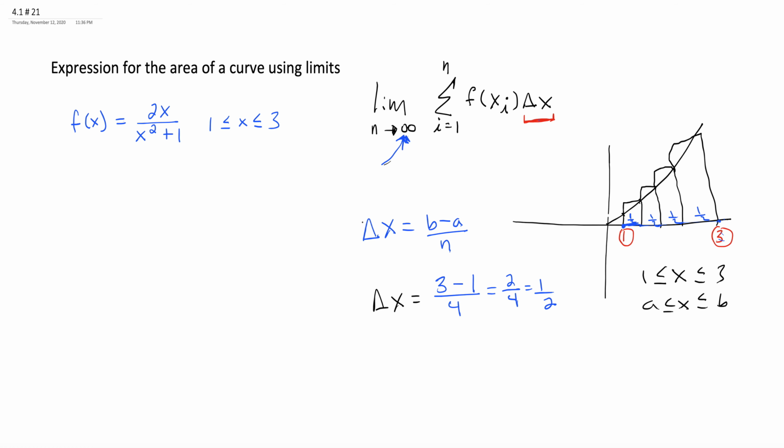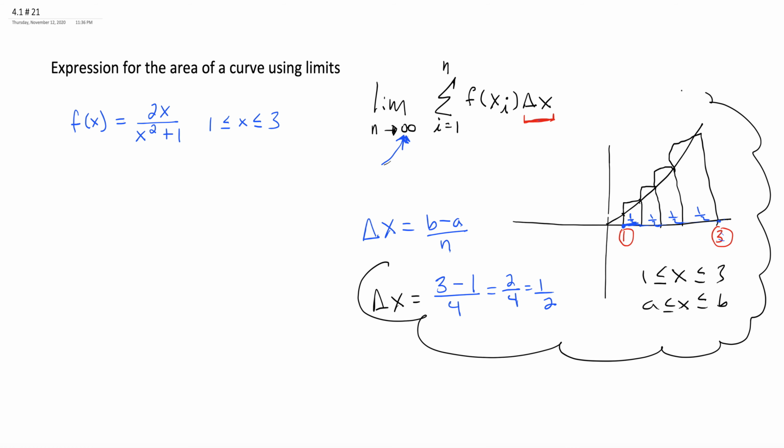If you were doing a fixed number of subintervals, you'd have a numerical n right here. In my example I said we were going to do 4 subintervals, but now we're going to do n subintervals and take n to infinity. So with that in mind, let's thought bubble this whole thing right here.